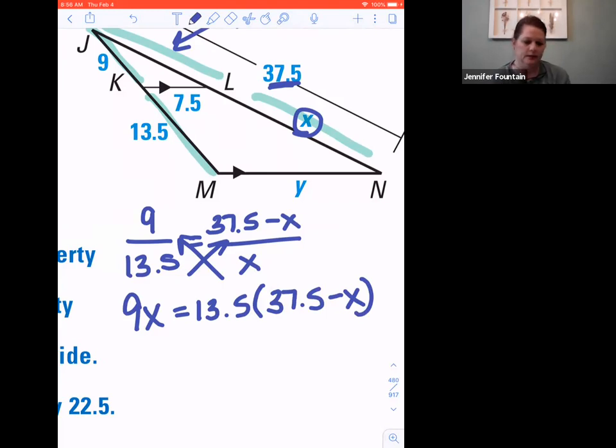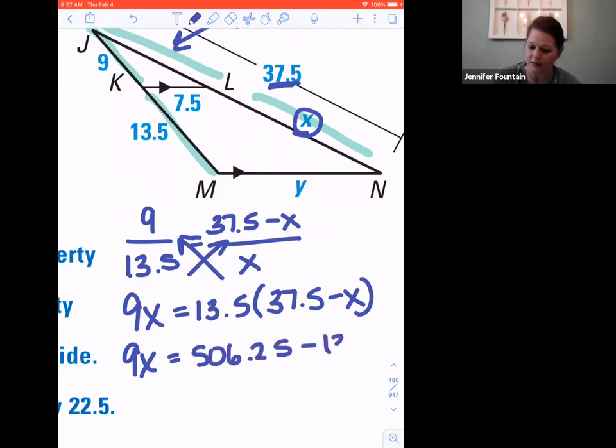So I'm going to have 9x is equal to 13.5 times 37.5, and that's going to give me 506.25 minus 13.5x.